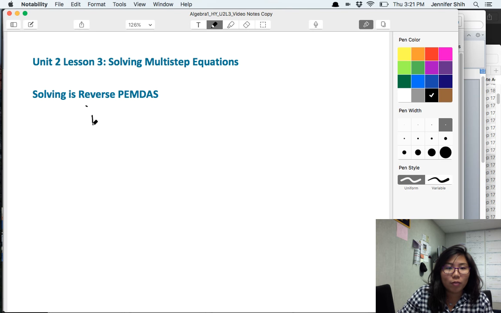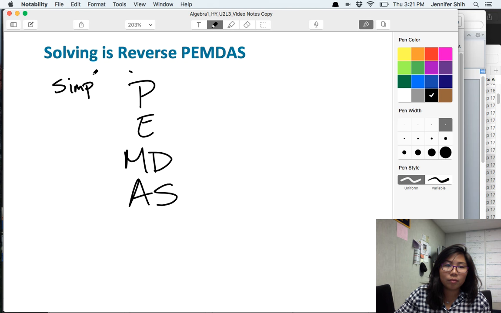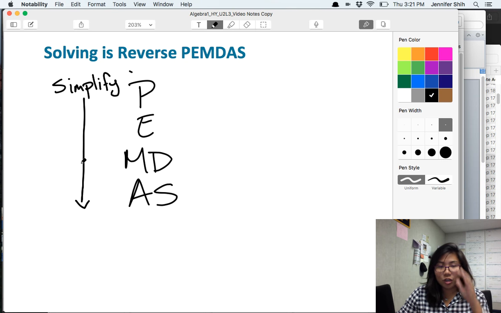So we have PEMDAS, good old PEMDAS. Usually when we simplify, which means we do not have an equation, we just have an expression, we do our parentheses, exponents, multiplication and division from left to right, then adding and subtracting from left to right.